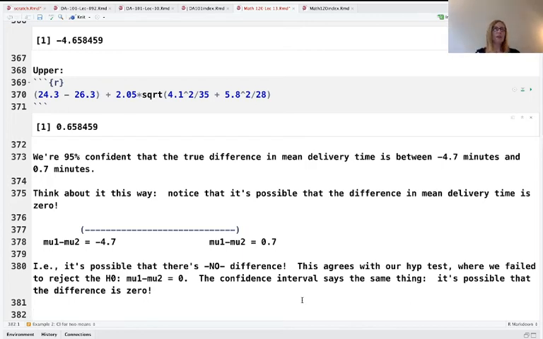To think about it in other language that we've used, hypothesis tests are forwards problems. We've got an observation, and we compute the probability based on that. That's the p-value. On the other hand, confidence intervals are backwards problems.